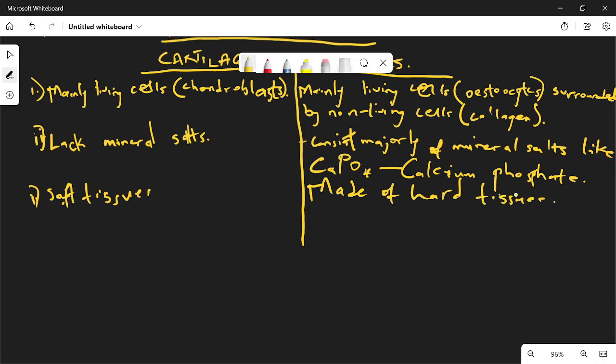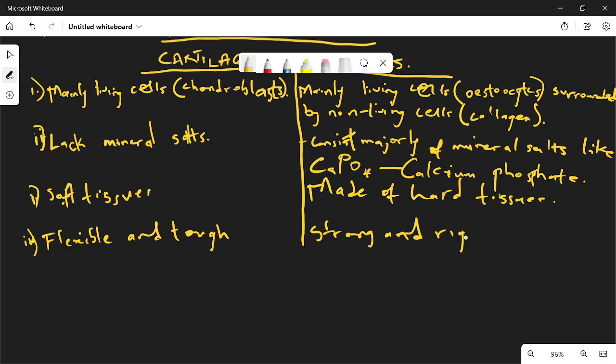Then cartilages are flexible and tough, but bones are strong and rigid.